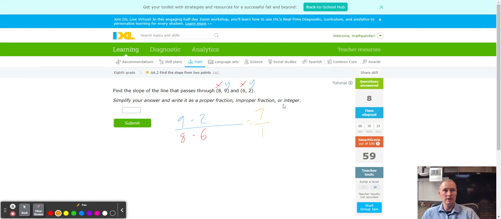Ooh, because we're asking to simplify your fraction as an integer, 7 divided by 1 is actually 7. So we're going to go ahead and just say 7 altogether. If we have a 7 over 1 or any number over 1, we're just going to call it the numerator, because 7 divided by 1 is 7.